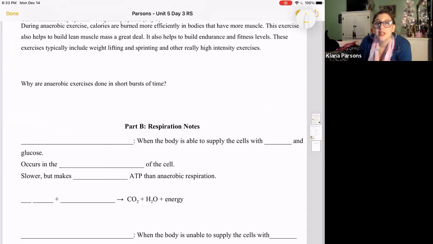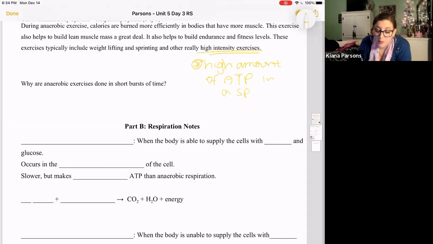These exercises typically include weightlifting, sprinting, and other high intensity exercises where your body is working at an intense, high level. You're using a high amount of ATP in a specific area.